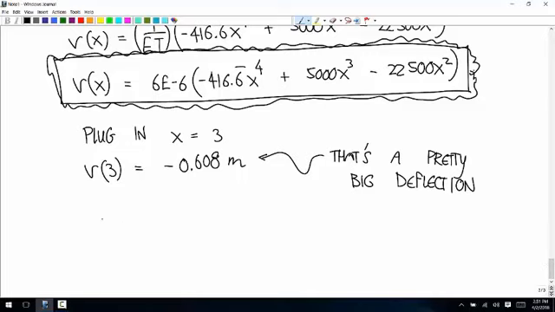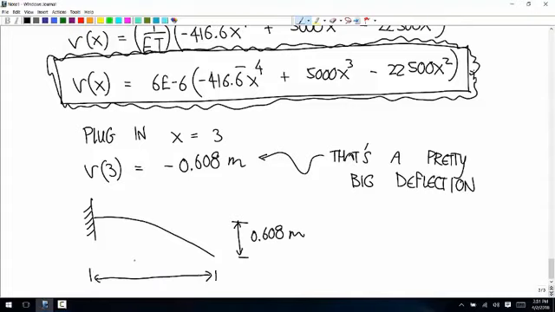If you think about this beam being only 3 meters long, and the deflection would be something like this, where this length is 3 meters. And so you can see from looking at it that we'd have to have points where the slope of that beam is pretty big.